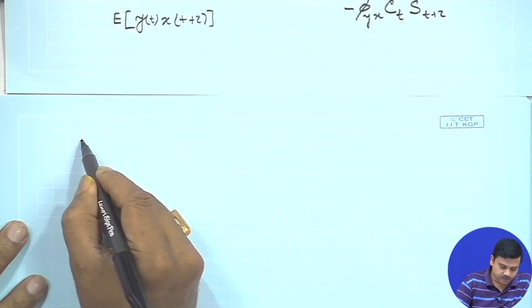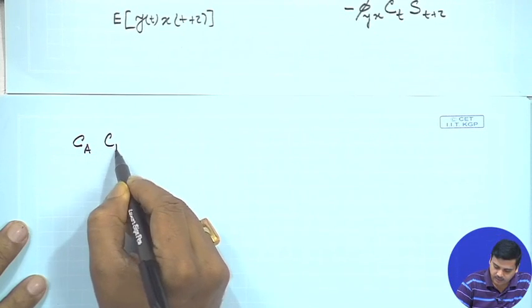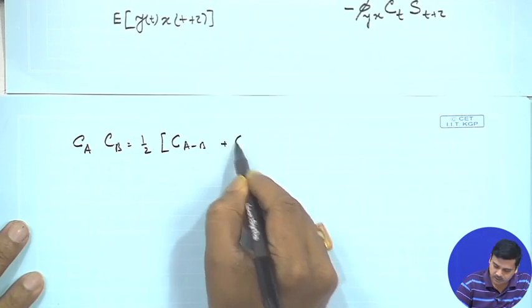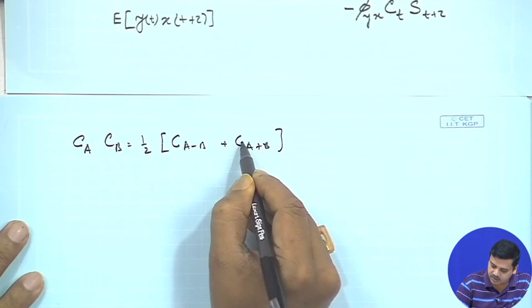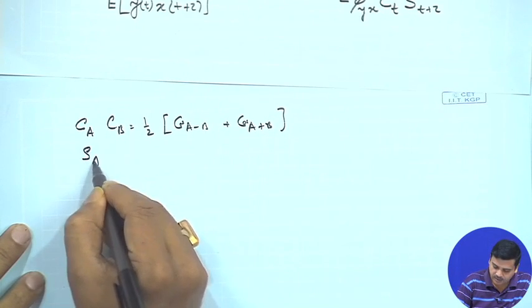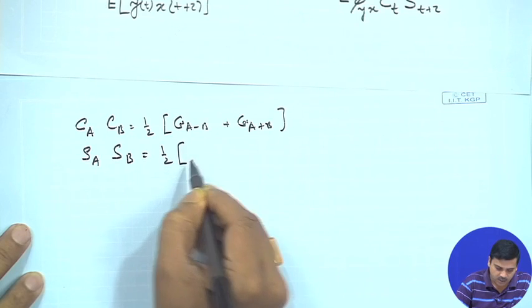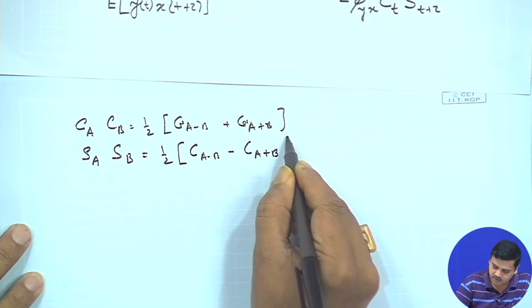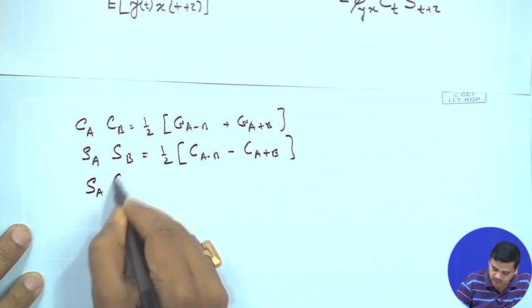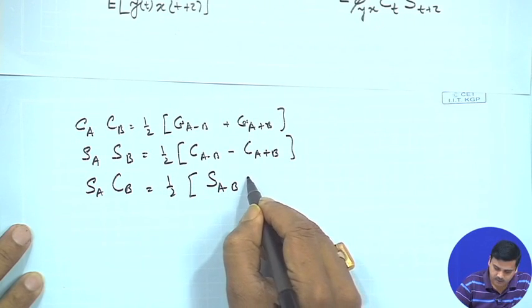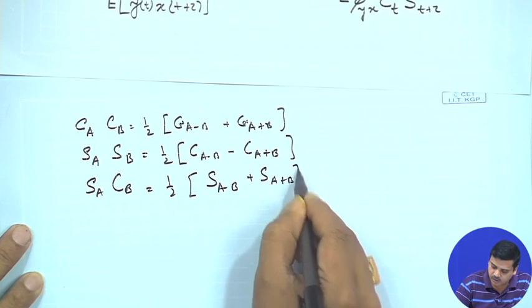At this point, we would have to use some trigonometric expansions. Cos a times cos b is half of cos(a minus b) plus cos(a plus b). I am writing this for cos, not another c, right, and sine a sine b is half of cos(a minus b) minus cos(a plus b), as well as sine a cos b is equal to half of sine(a minus b) plus sine(a plus b).